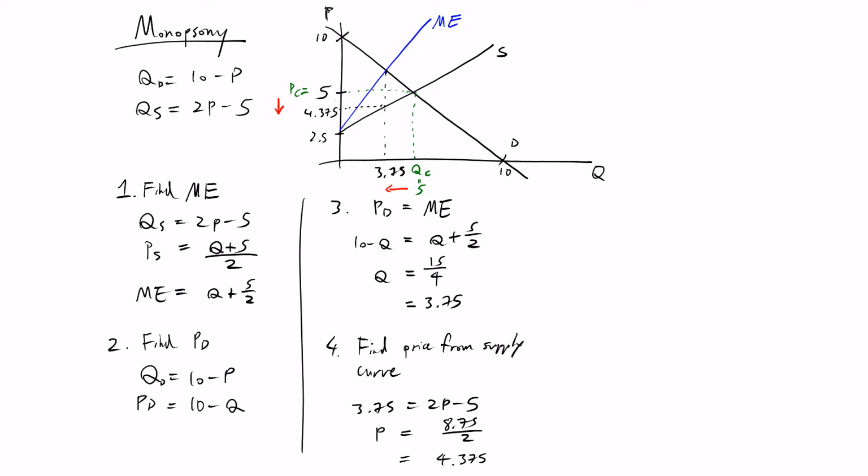So not surprisingly, he's reducing the number of people he's hiring in order to just focus on the cheap workers, and he's paying less to them. That's exactly the objective: hire fewer people, focus on the cheap people, pay them cheaply. So that's monopsony. And now we're going to think about what happens if you impose a minimum wage.